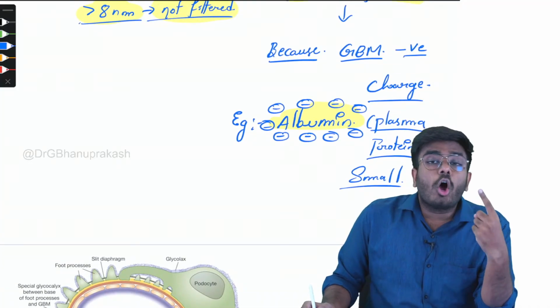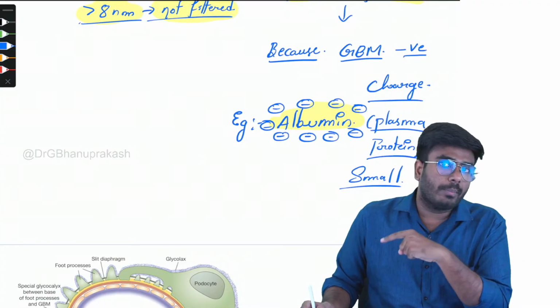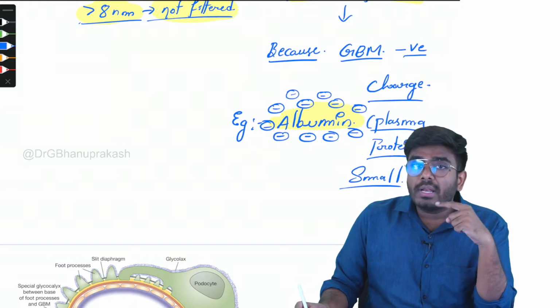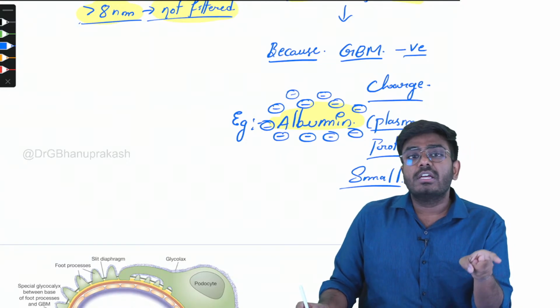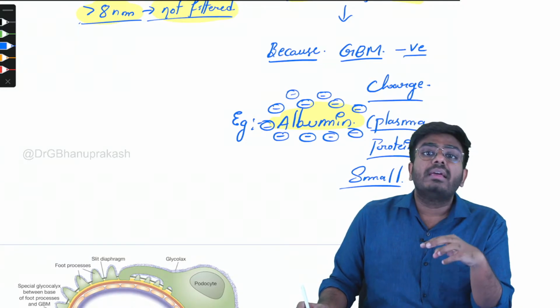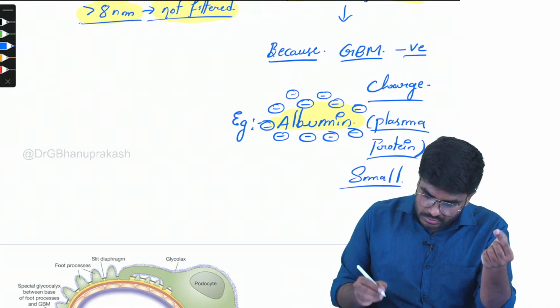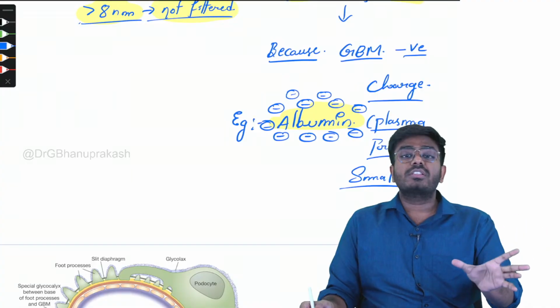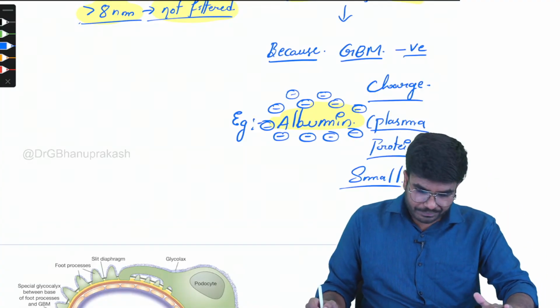Albumin is not seen in the urine of a normal person because albumin has a negative charge and the glomerular basement membrane also has a negative charge, so repulsion will occur. That's a very important example you need to know: albumin is not filtered because it is a negatively charged substance.